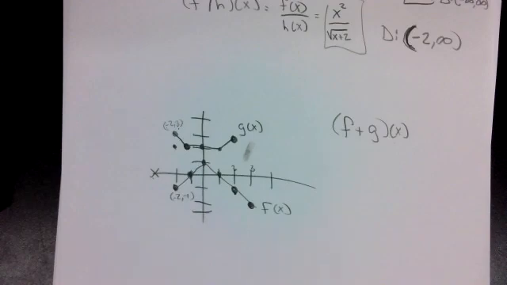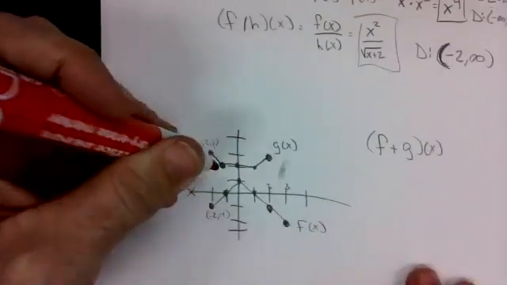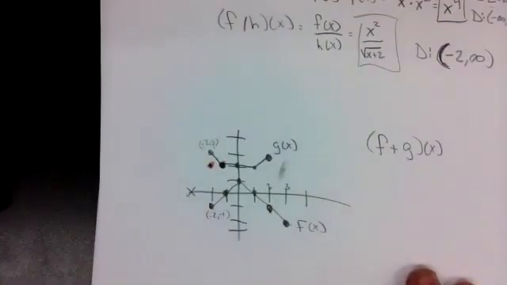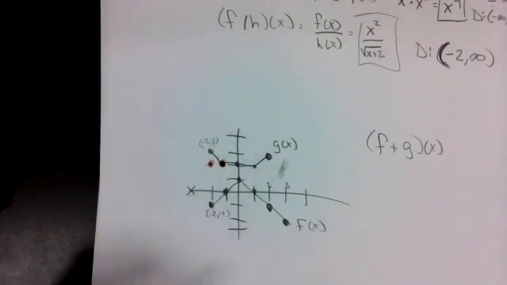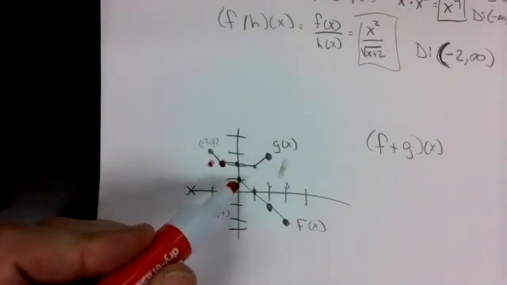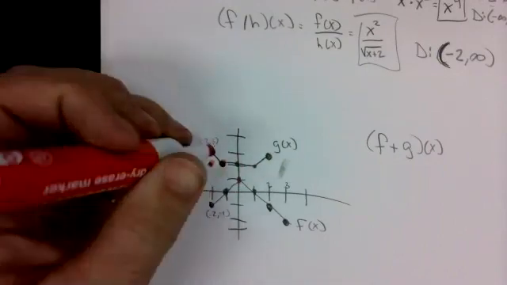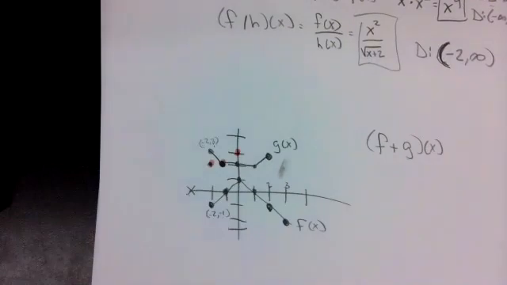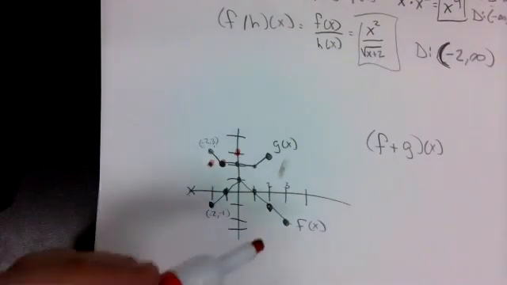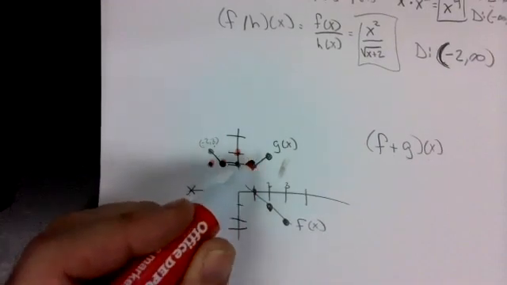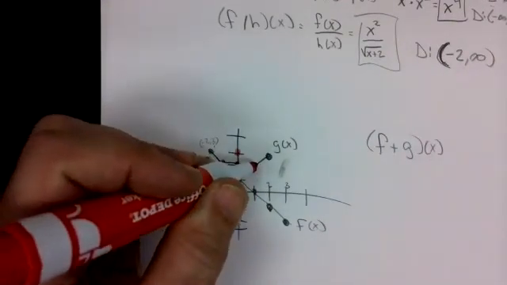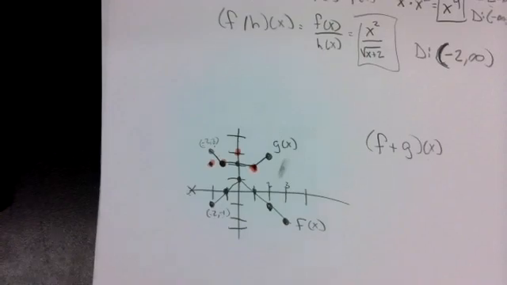If I do that in red, you can kind of see it a little better. This one has a y value of +1. This one has a y value of 2. 1 plus 2 would be 3. This one has a y value of 0. This one has a y value of 2. 0 plus 2 is 2.